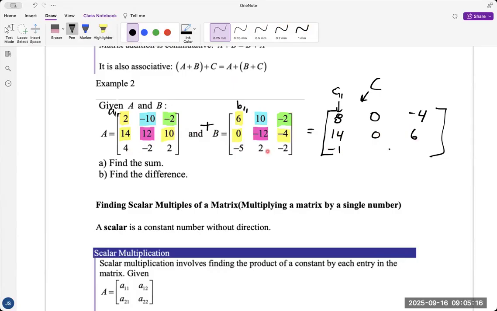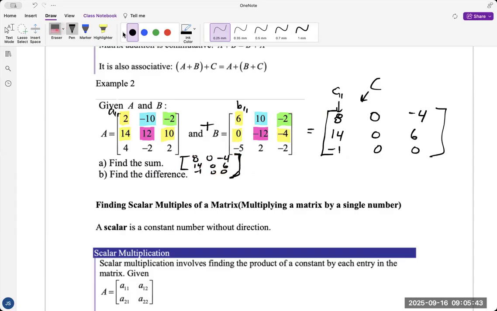Negative 2 plus positive 2, that's 0. 2 plus negative 2, that's 0. And there is our resulting matrix. So this is the new matrix, the sum of A and B. Okay? So we would write that as our answer over here for this first part, A. So that is the sum.